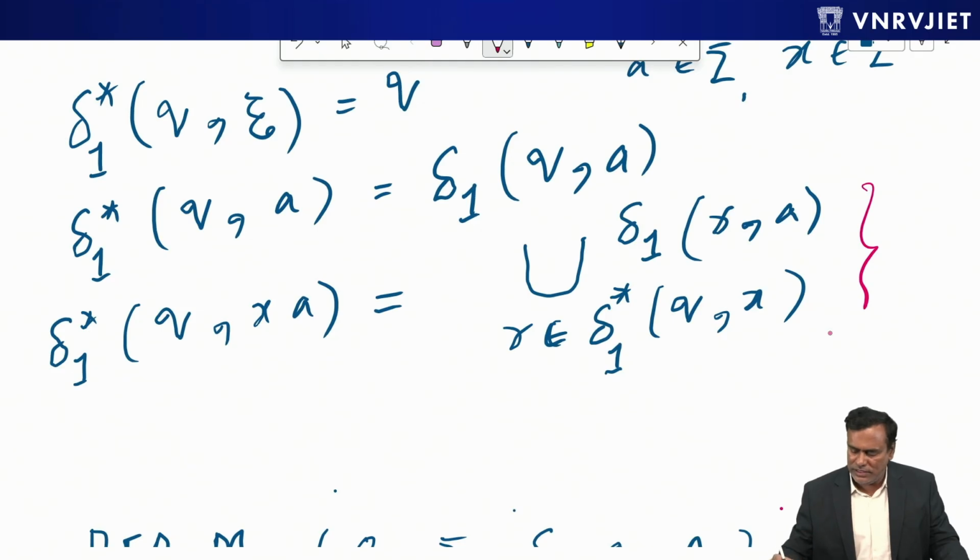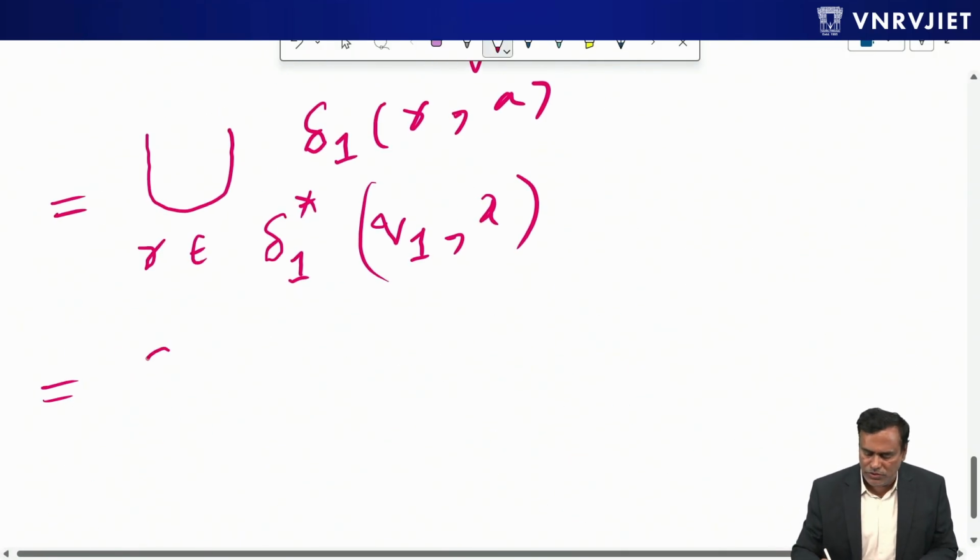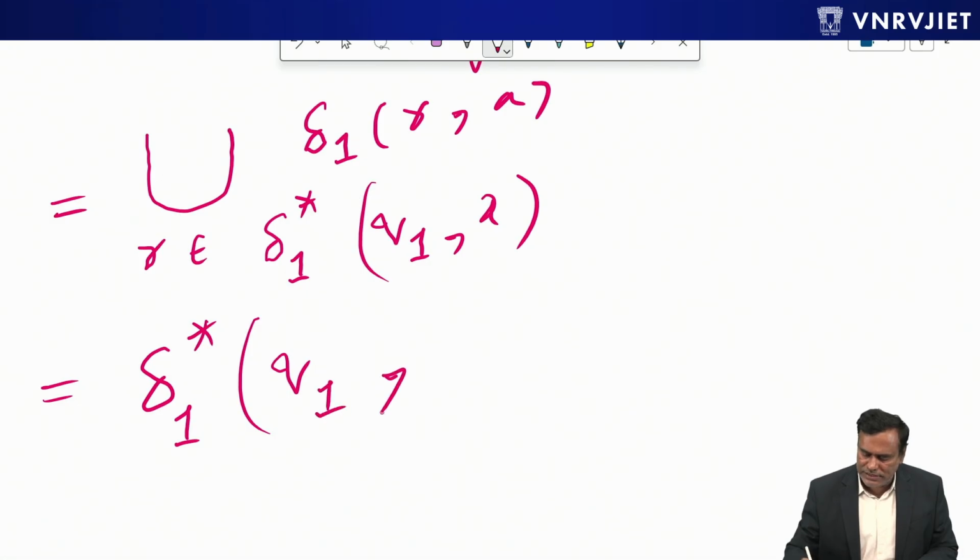So this right hand side part is going to get matched; I'm going to replace it with the left hand side part. That's all. On the left hand side you can find delta 1 star of Q1 X A.